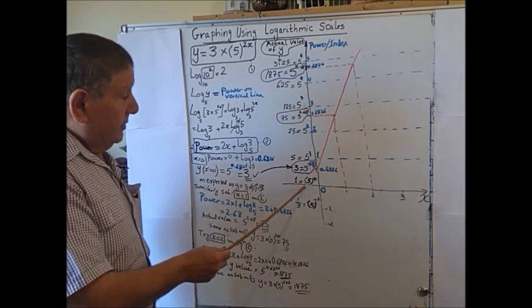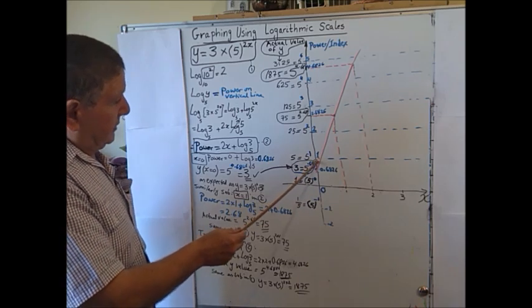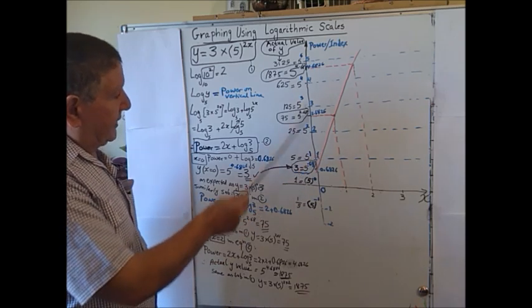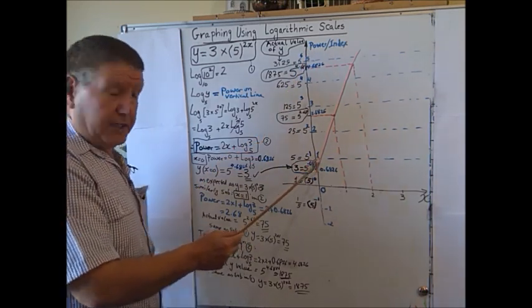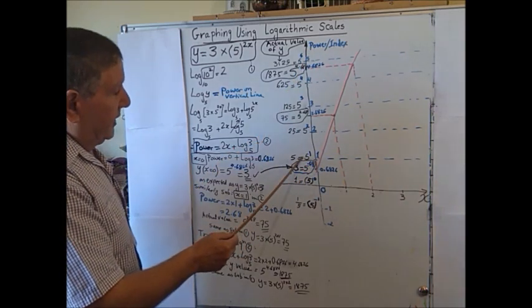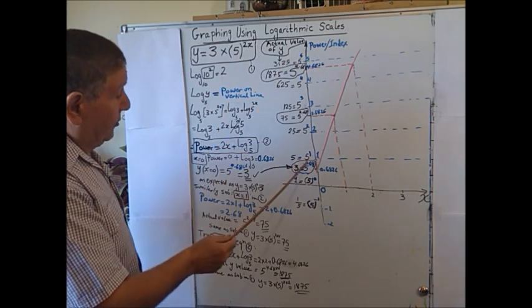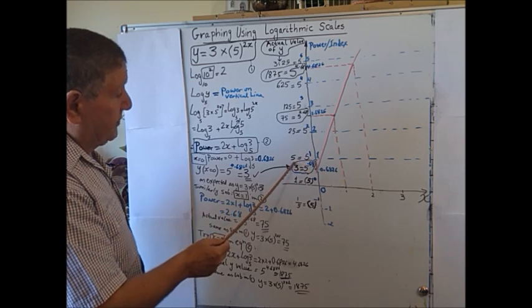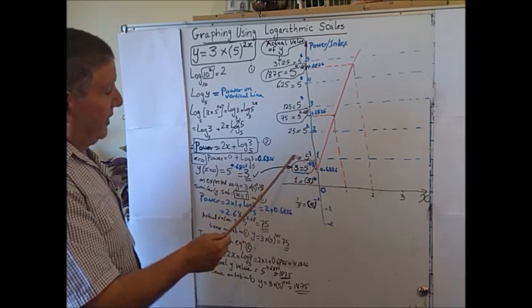When the power is 1, not x equal 1, the power is 1, then the actual value is 5 to the power 1, which is 5. See? So this is 1, this is 5.